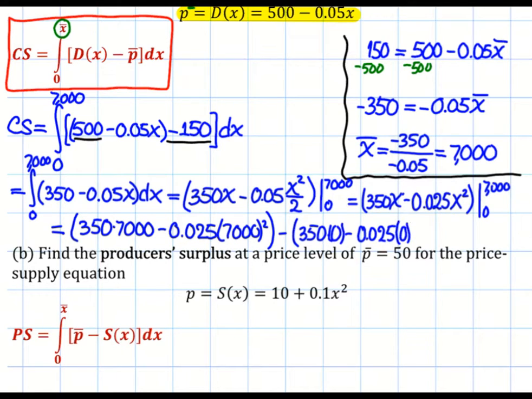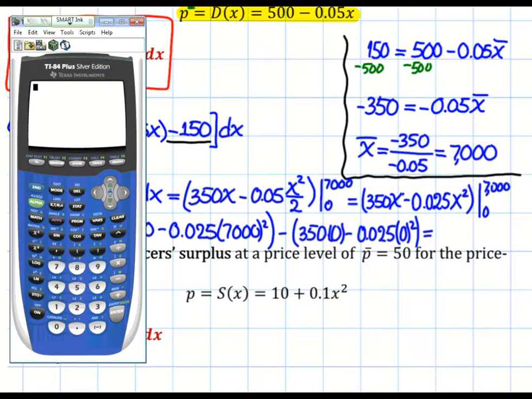The second parentheses give us 0. Just need to do the first one. And we use the calculator to evaluate. So bring up the calculator.